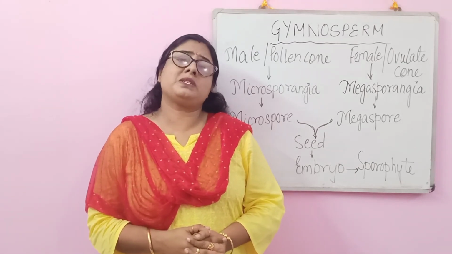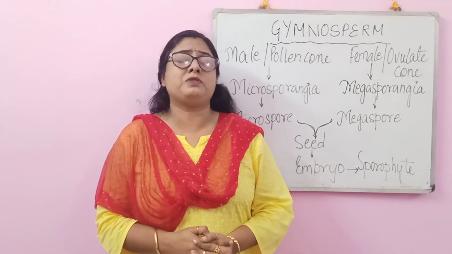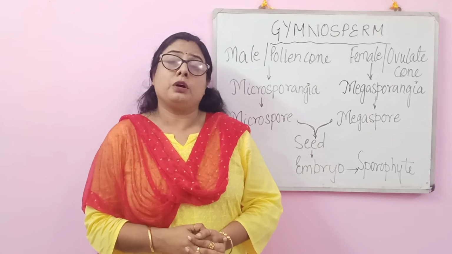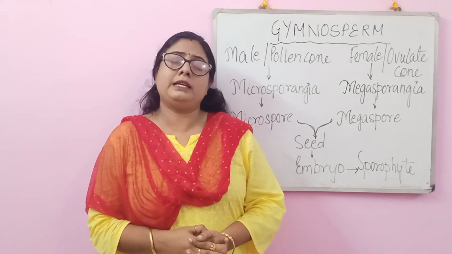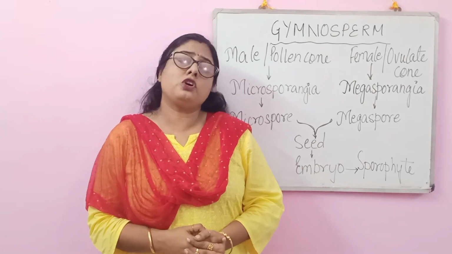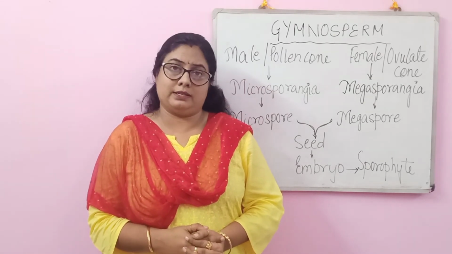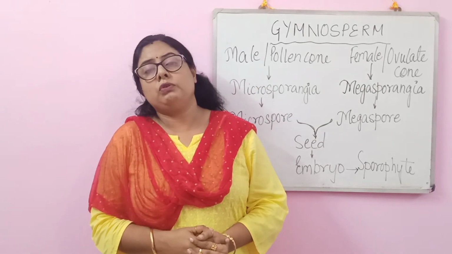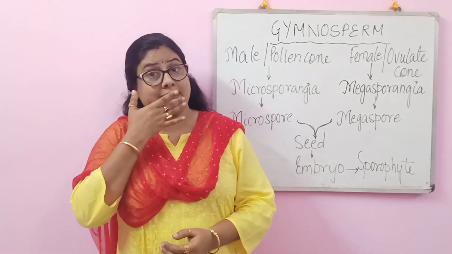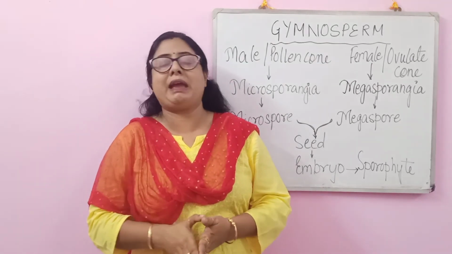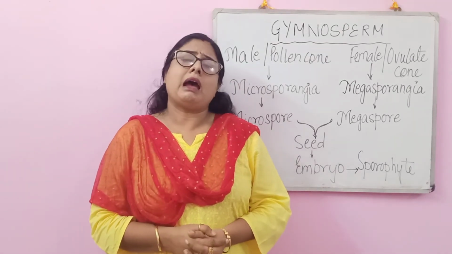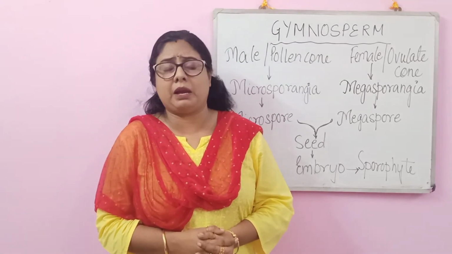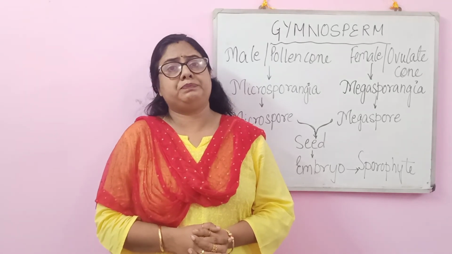The angiosperms can again be divided into two types on the basis of the number of cotyledons: the monocotyledonae and the dicotyledonae. The monocotyledons have one cotyledon, and the dicotyledons have two cotyledons. Examples of monocotyledons are maize, rice, wheat, and those of dicotyledons are all your pulses, mango, etc.